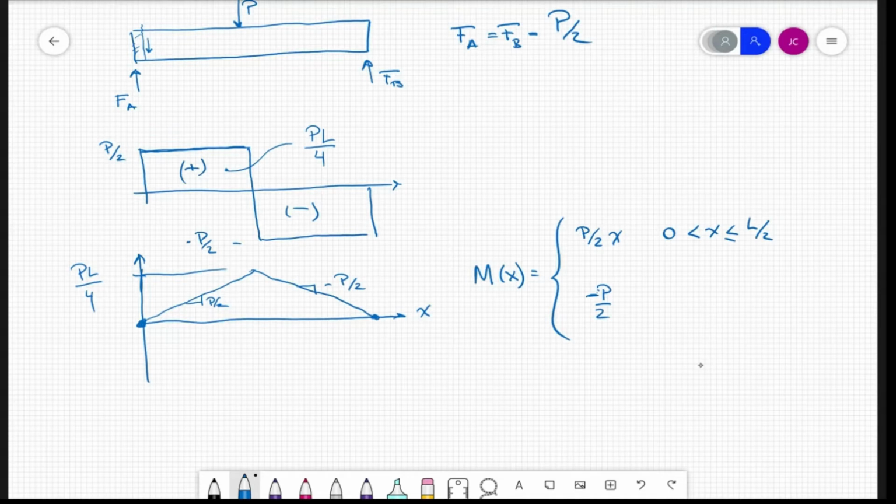But then it has to go to 0 at x equal to L. Will that do it? I believe that'll do it. Yes. Okay, let me just double check. So if I put in L on 2 here, I get L on 2. Okay, this way.